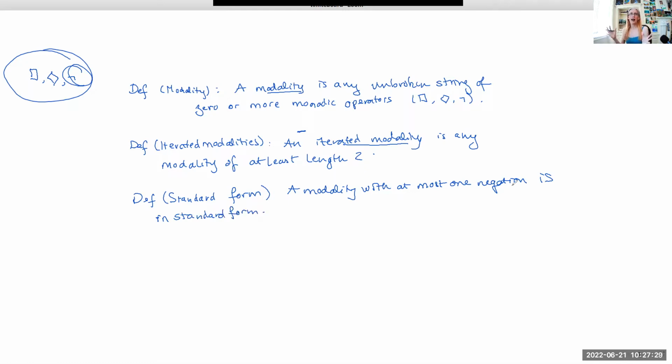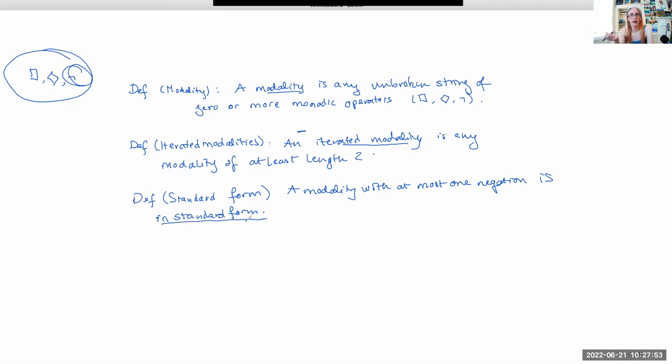So you might have a modality that has many more occurrences of negation. However, if you can convert it to something equivalent so that you end up with at most one, so either you've got none or you've got one, then that modality is said to be in standard form.